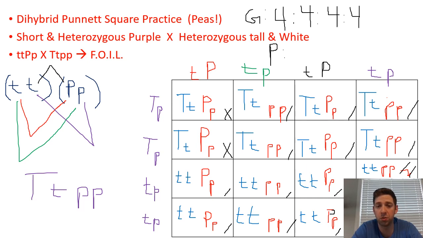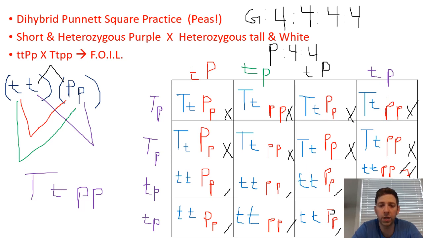So there's 1, 2, 3, 4. Okay, what about tall and white? 1, 2, 3, 4.